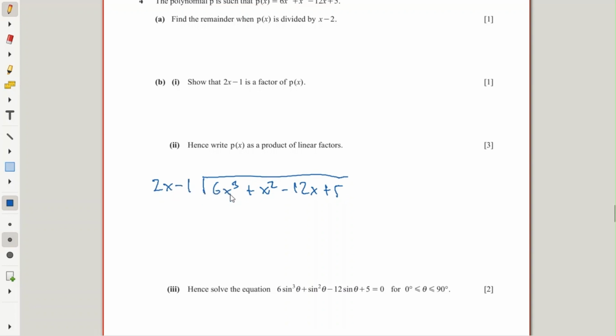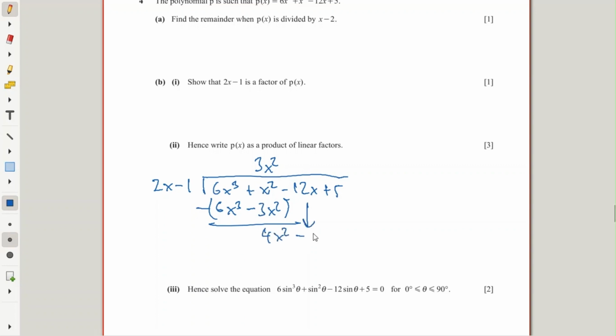So you're just going to divide the first term here by this, and that should give us 3x squared. Then you multiply this by this, and you get this. This times this should give you negative 3x squared. Then you subtract. I prefer to put in a bracket because it's an expression. This will give me 0, so I don't need to write anything there. This minus this becomes plus 3 plus 1, so 4x squared.